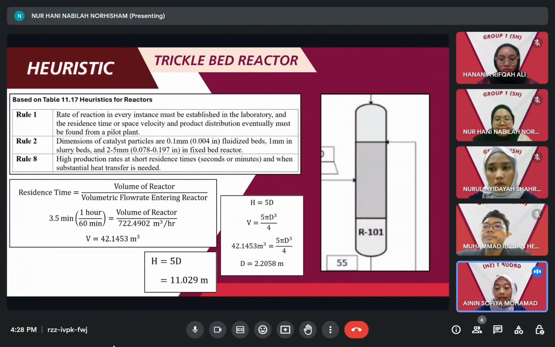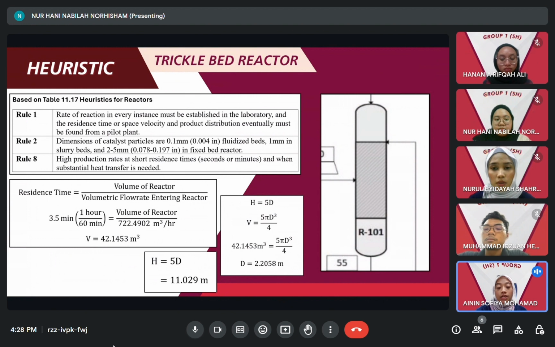We multiply that value with the volumetric flow rate, but beforehand we convert it into hours. The volume of the reactor resulted is 42.1453 meter cube. To determine the diameter of the reactor, based on our literature review, we found the ratio of height to diameter, where the height is 5 times the diameter of the reactor.